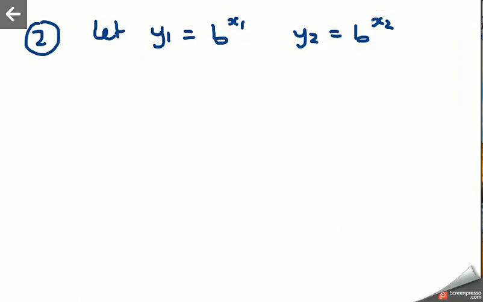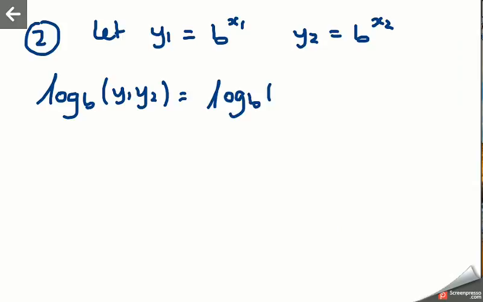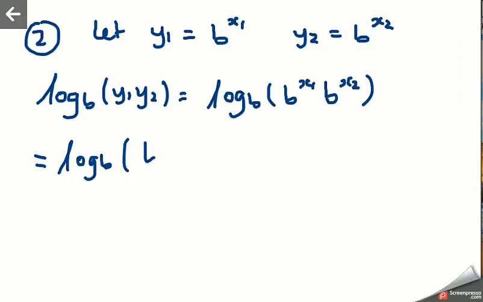Okay, so given that, log to the base b of y1 times y2, we know that this is equal to log to the base b of b to the power of x1 times b to the power of x2, and this is equal to log to the base b of b to the power of x1 plus x2.